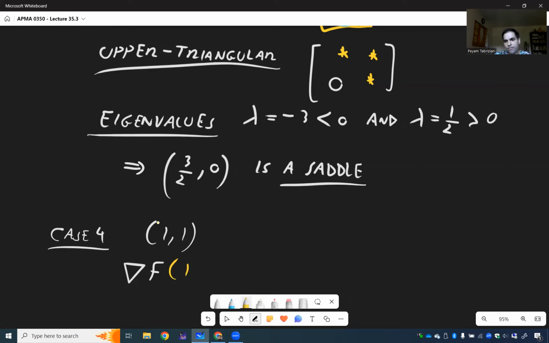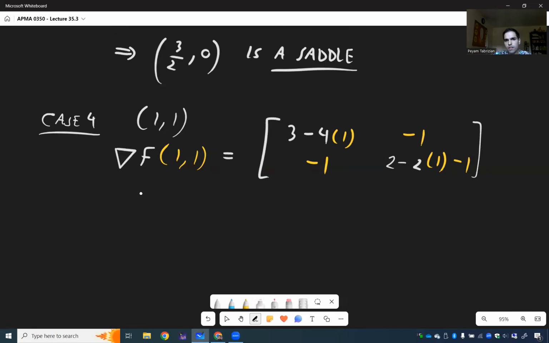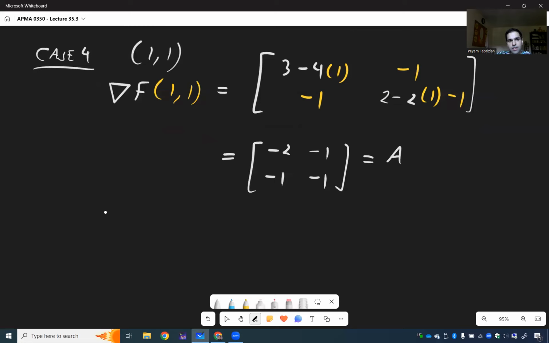So gradient of f at (1, 1). So that's 3 minus 4 times 1, then minus 1, minus 1, 2 minus 2 times 1, minus 1, and that gives you [-2, -1; -1, -1]. Call this A. And here, unfortunately, we have to find this directly.